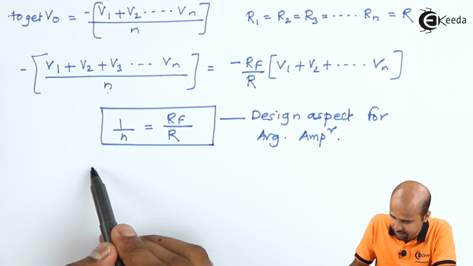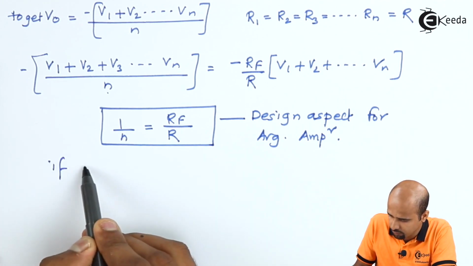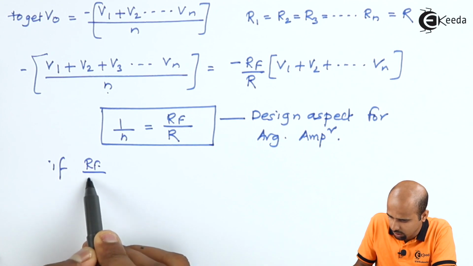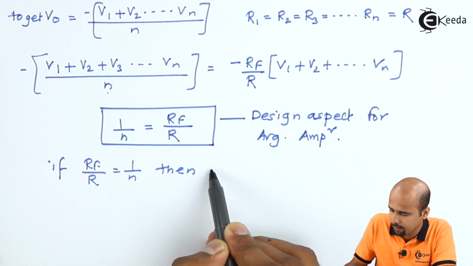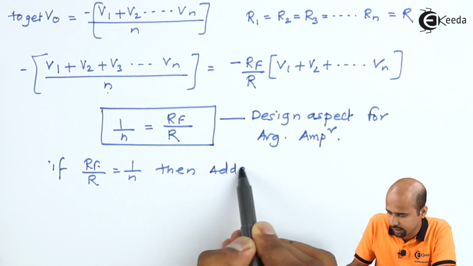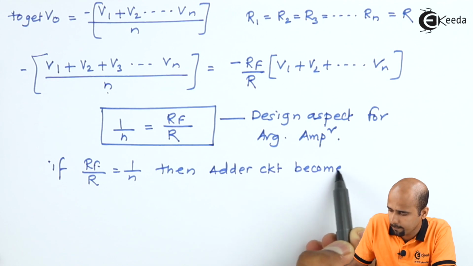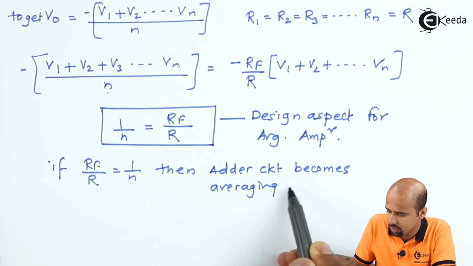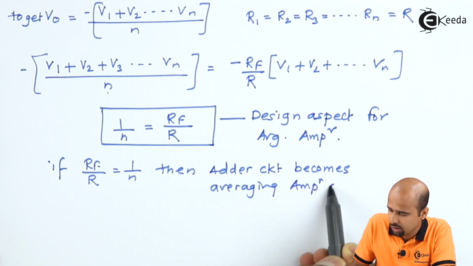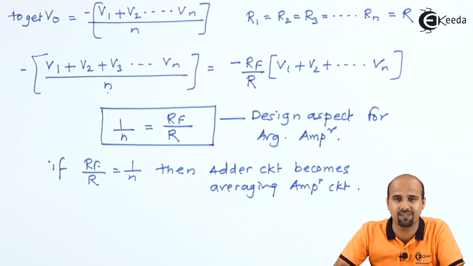I can make a statement that if Rf upon R is equal to 1 upon n, then the adder circuit becomes an averaging amplifier circuit. So this is how we have learned the averaging amplifier circuit, that is case number B.